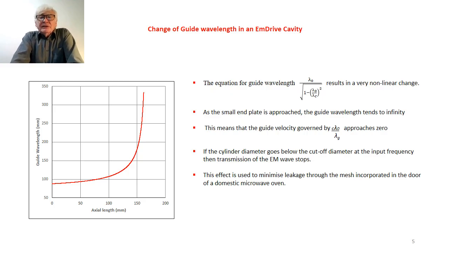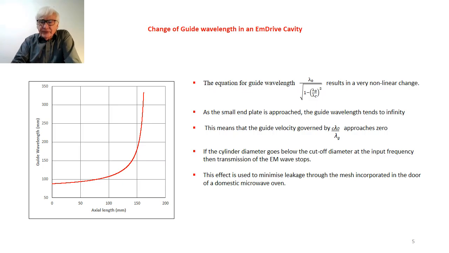This means that the guide velocity, which is governed by c times lambda naught over lambda g, is going to approach zero as lambda g approaches infinity. Indeed, if the cylinder diameter goes below the cutoff diameter at a fixed input frequency, then the transmission of the electromagnetic wave itself completely stops.